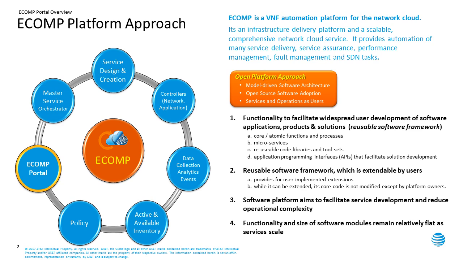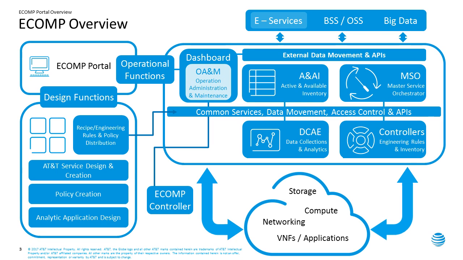This reusable software framework allows user-implemented extensions without the need to change the core platform code. This helps with faster service development and reduces operational complexity. Also, the functionality and the size of the software remains relatively small compared to the scale of the services.